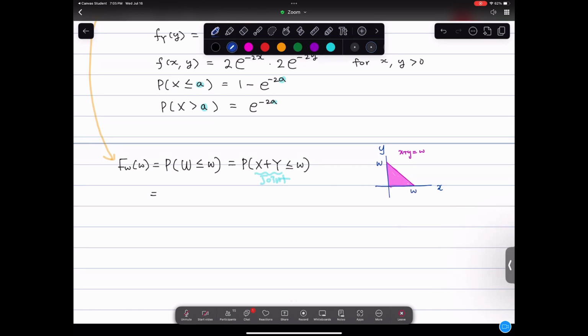So I have to integrate my joint PDF. X goes from 0 to w, then Y goes from 0 to w minus x.